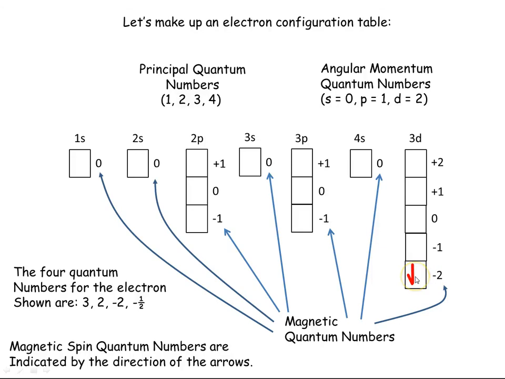Magnetic spin is pointing downward, so let's say -1/2. So the 4 quantum numbers for the electron shown are 3, 2, -2, -1/2.